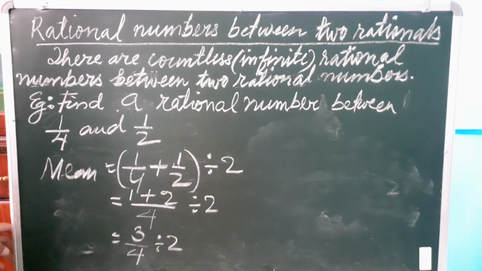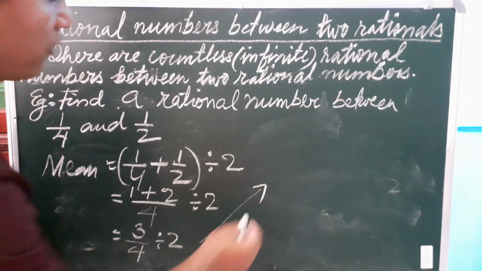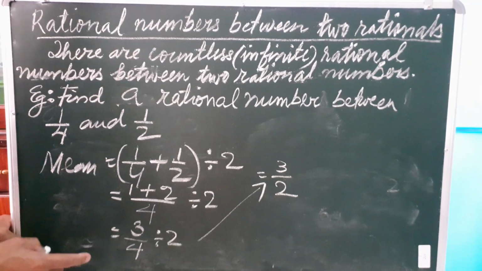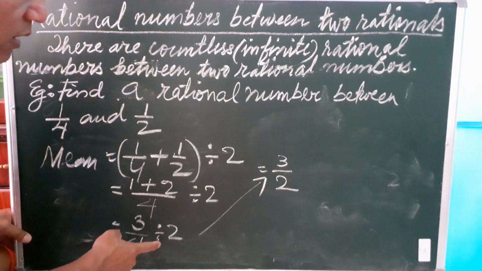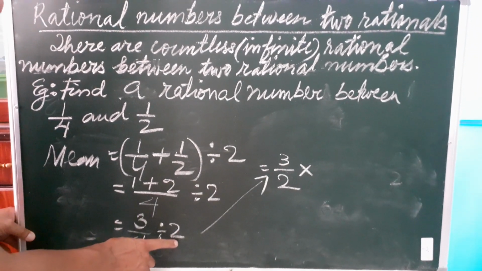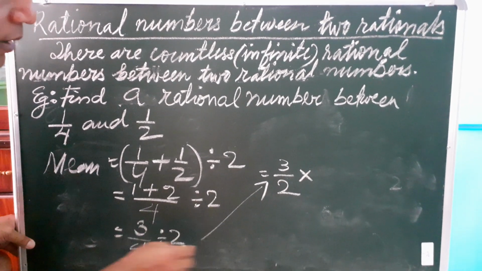Division of fractions: to divide fractions, change division into multiplication and multiply by the reciprocal. The reciprocal of 2 is 1 by 2.